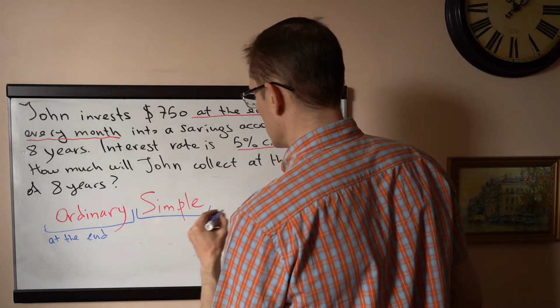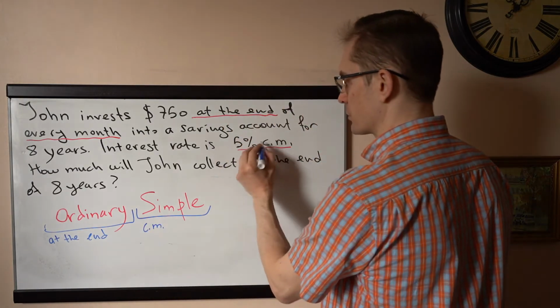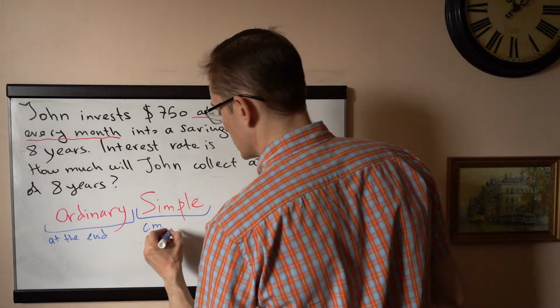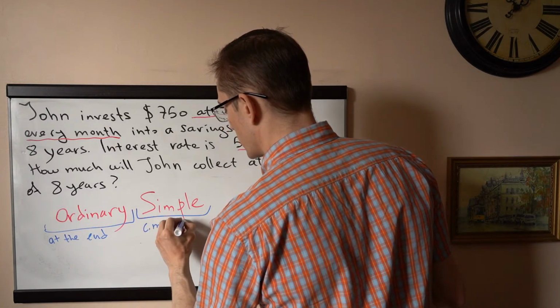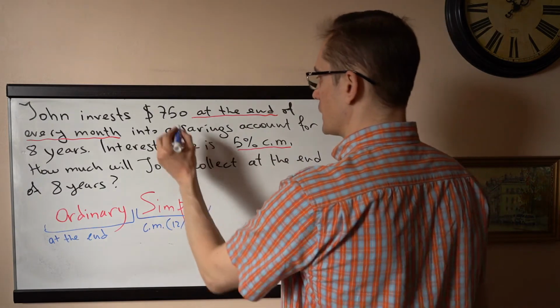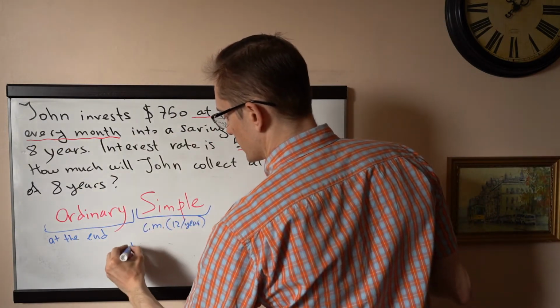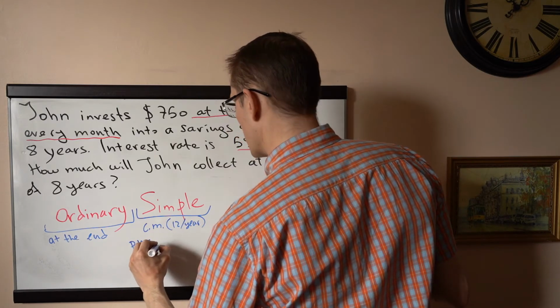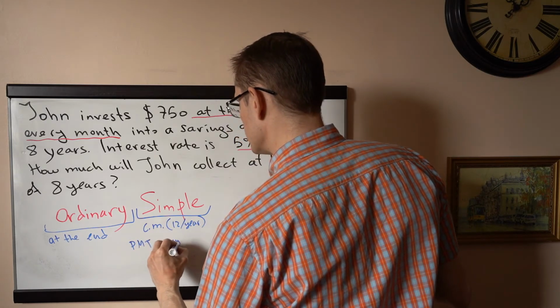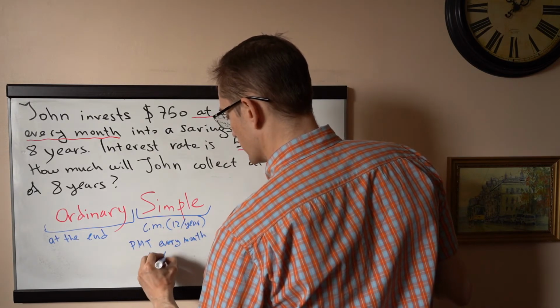And why is it simple? Because the rate is compounded monthly, so this 5% is compounded monthly, which is 12 per year. Each payment is also every month, which is also 12 per year.